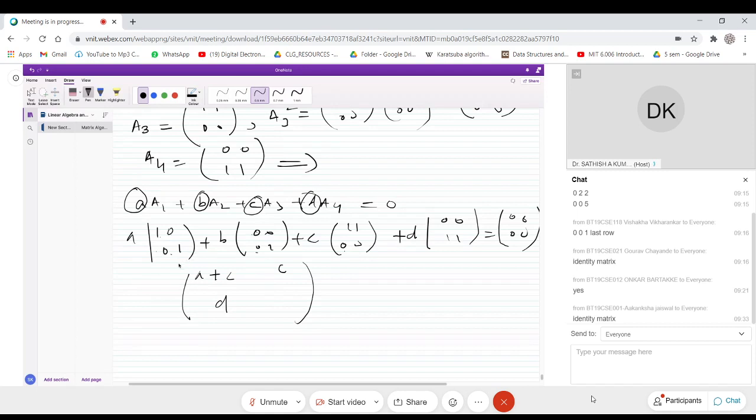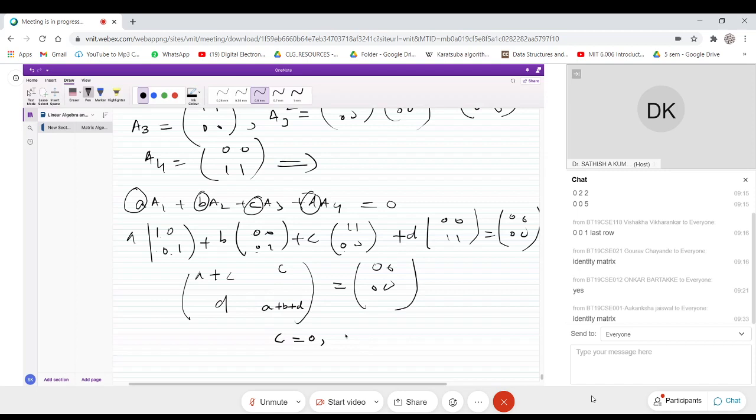And the remaining entry, you are getting A plus B plus D. So you'll get the zero matrix.